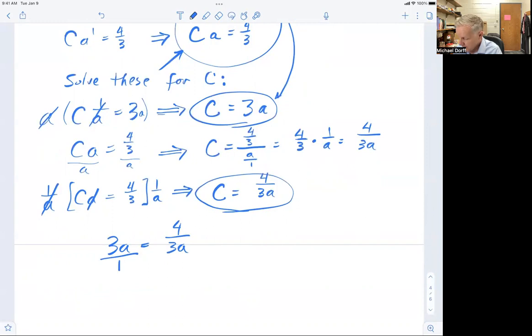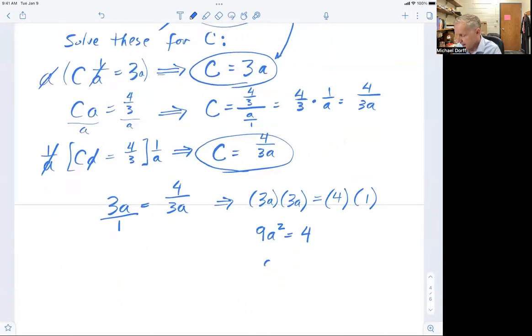That means I take 3A on the left and multiply it by the 3A in the denominator on the right, and that equals the 4 in the numerator on the right times the 1 in the denominator. That gives me on the left side 3 times 3, which is 9, and A times A, which is A squared, equals 4. Divide by 9, I get A squared equals 4/9.